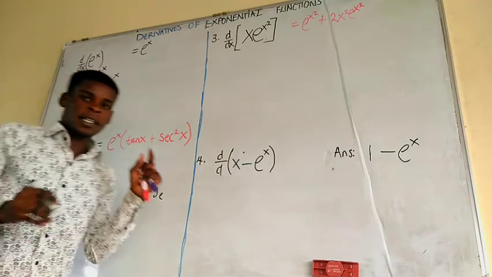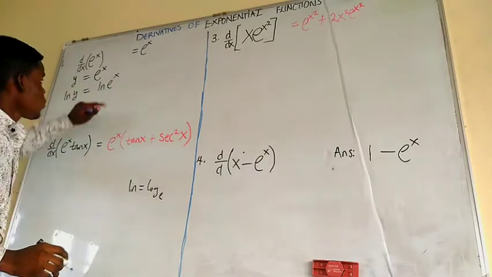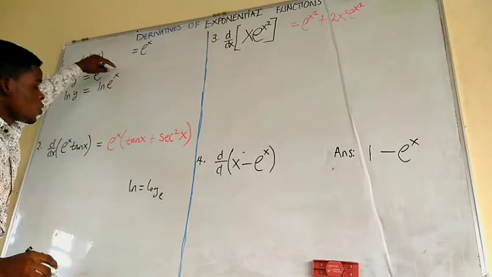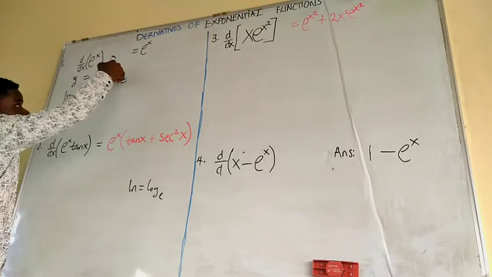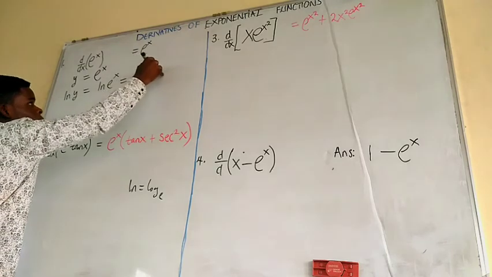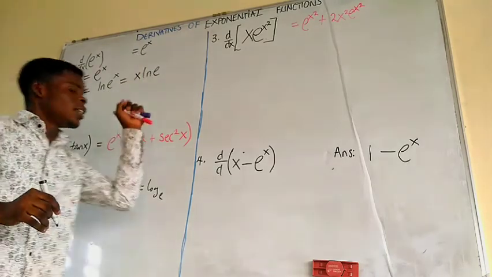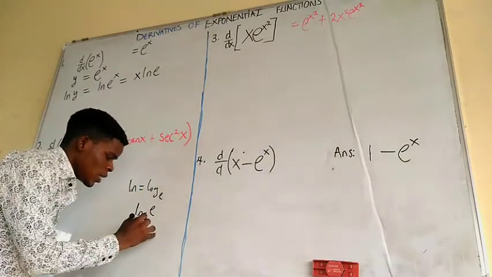Like I said, the ln shows logarithm to base e. So if we are saying logarithm of e to the power x to base e, it's actually the same thing as saying, from the logarithm property, we bring this x back like this, we have x ln of e. Ln of e, that is log of e to base e.